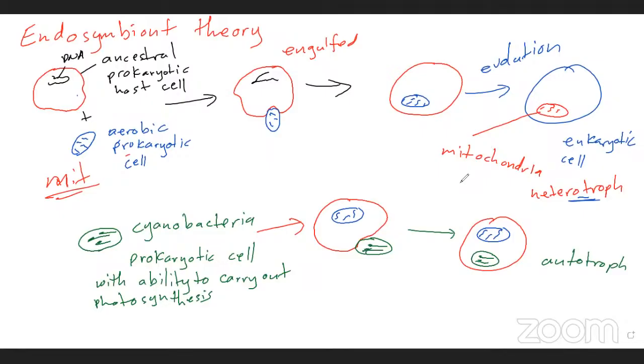If they ask you to explain it, you can draw your diagram and do the explanation. You can just take a screenshot of the board if you need to, because I'm going to jot down now the similarities between, not the similarities, the evidence. So this portion of it is explaining the endosymbiont theory. They don't have to ask for the explanation.